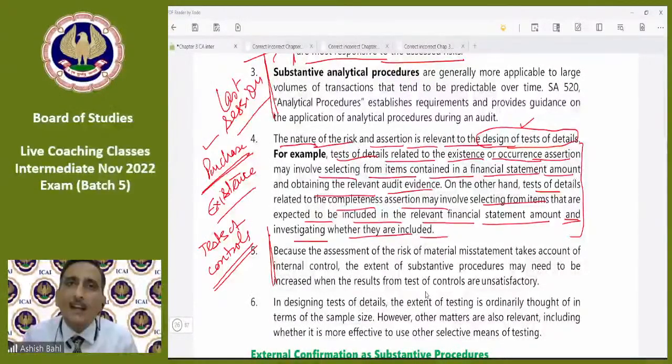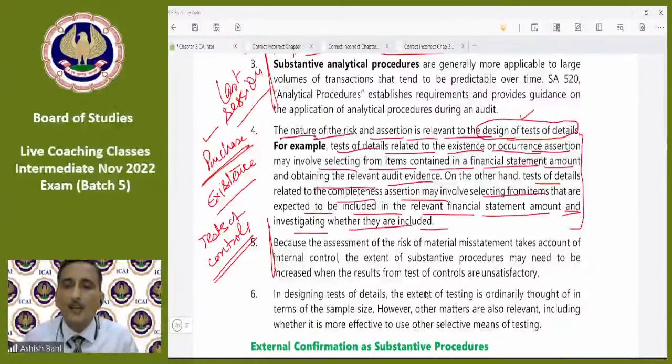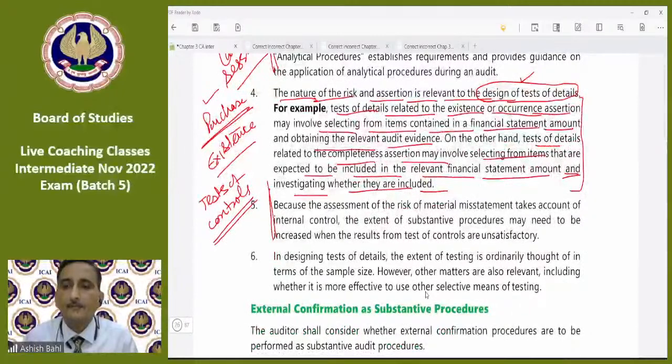How he became satisfied: he became satisfied by the results of his tests of controls. Okay guys, so is it clear? Is it clear to you guys, or should I repeat again?